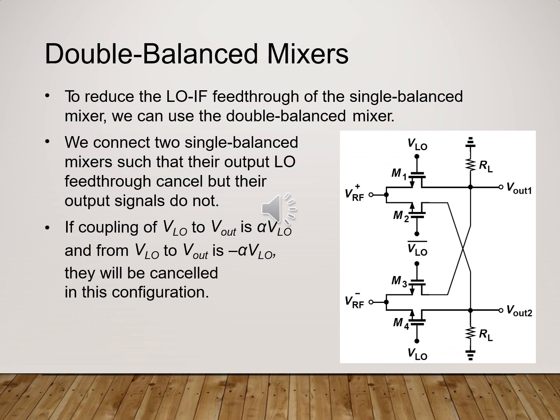Double balanced mixers, as shown in the figure in the slide, are improved to reduce the local oscillator to intermediate frequency feed-through of the single balanced mixer. We connect two single balanced mixers such that their output local oscillator components cancel, but their output signals do not.